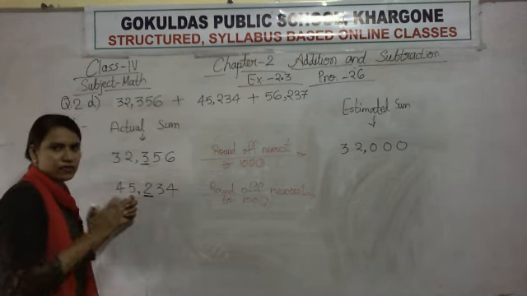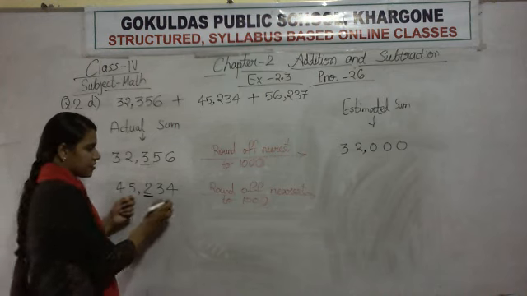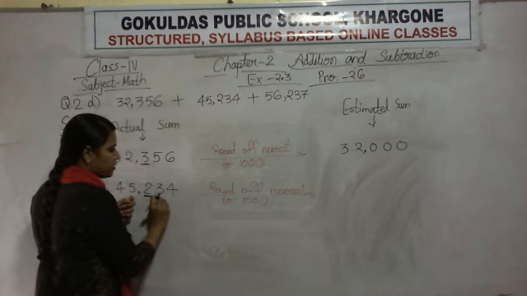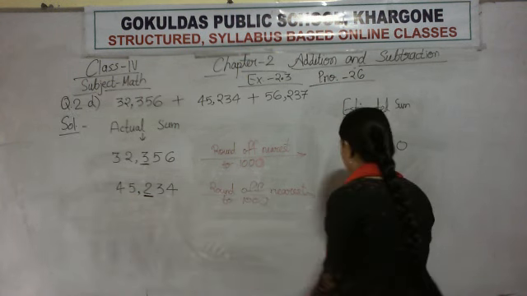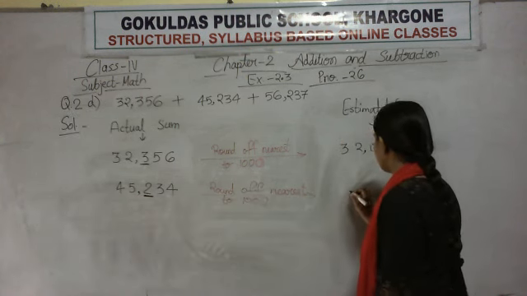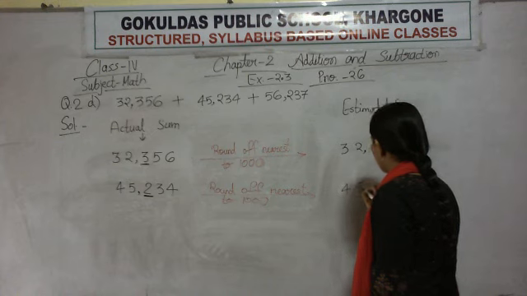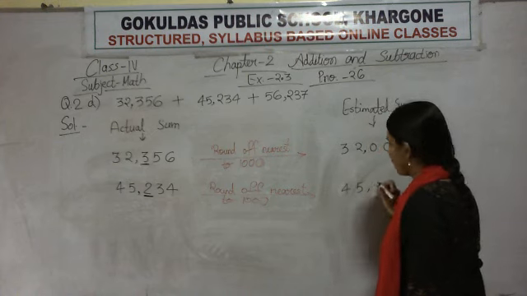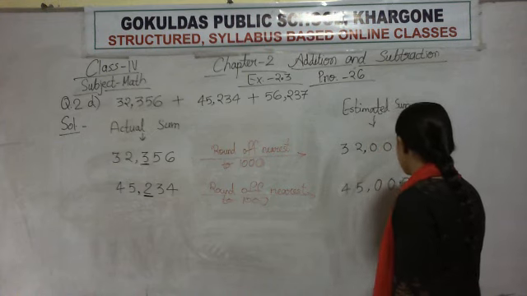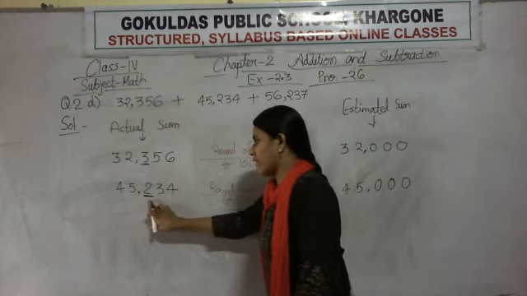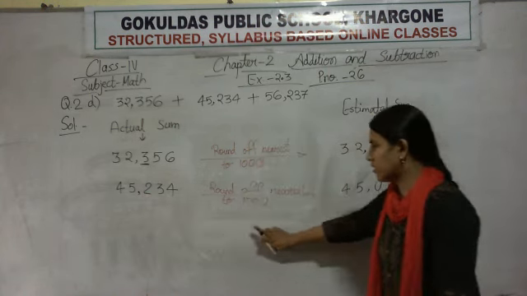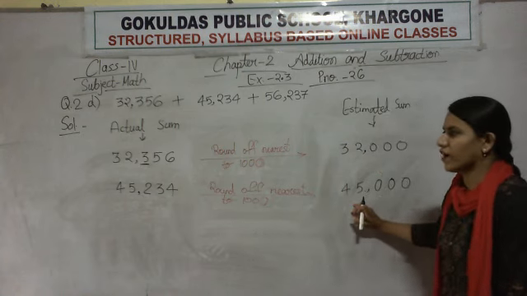We keep the thousands place as it is and make ones, tens and hundreds place to 0. Okay. So after rounding off, we got 4, 5 and the last 3 digits 0. So after rounding off 45,234 nearest to 1,000, we got 45,000.